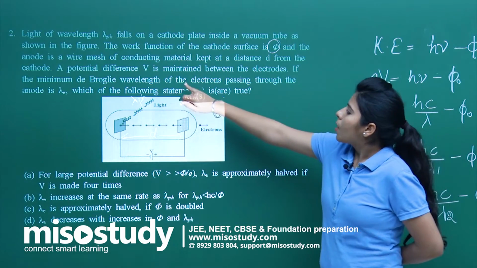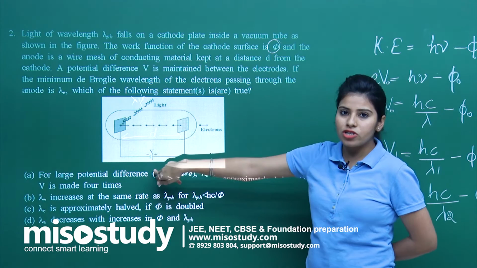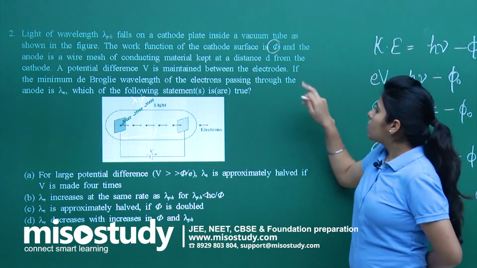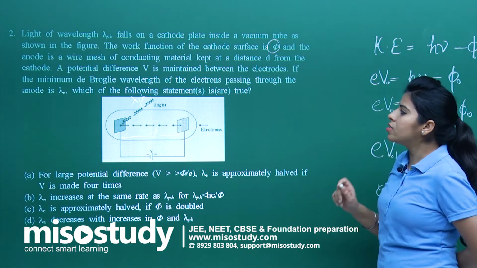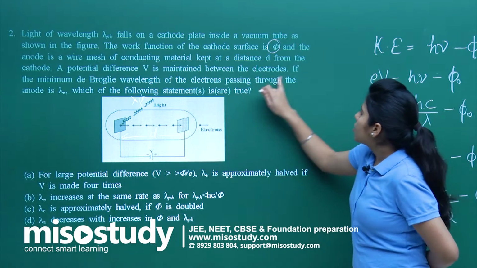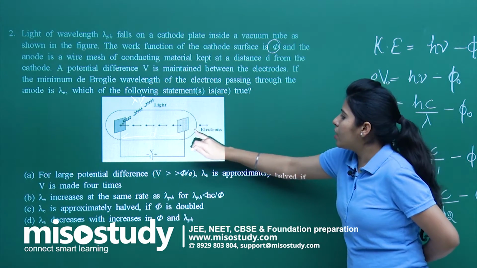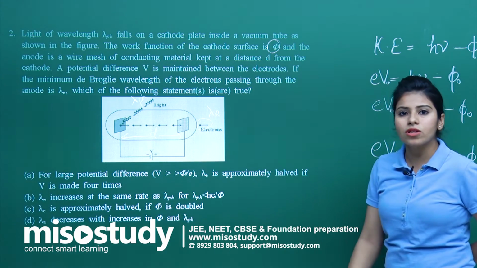Now a potential difference V is maintained between the electrodes. You can see potential difference has been maintained. If the minimum de Broglie wavelength of the electrons passing through the anode is lambda E, that means this is lambda E according to the question.